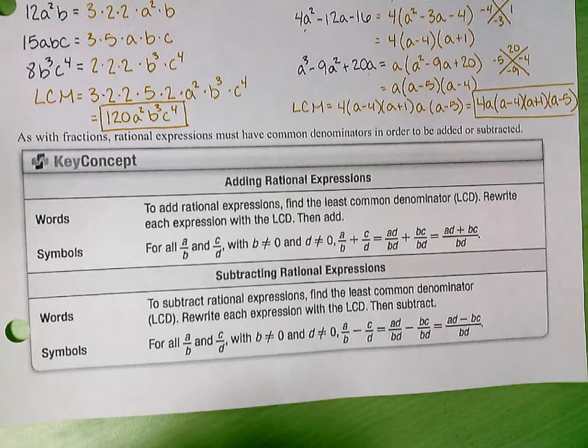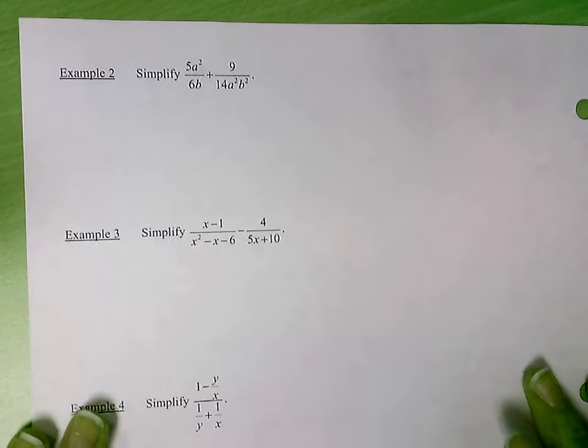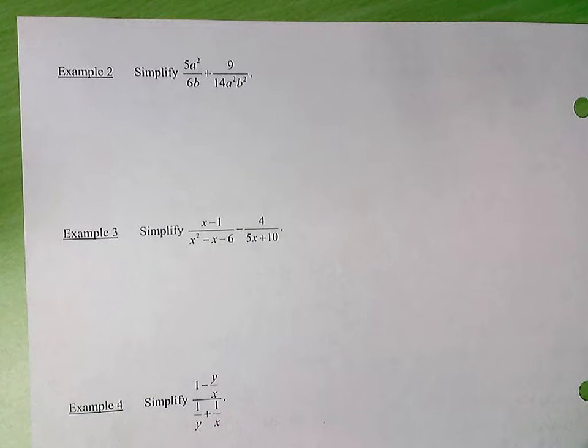Are we good? Do we got all of it? All right, so on the back, we want to simplify 5a squared over 6b plus 9 over 14a squared b squared. So we're going to take our two denominators and do what we did on the front.